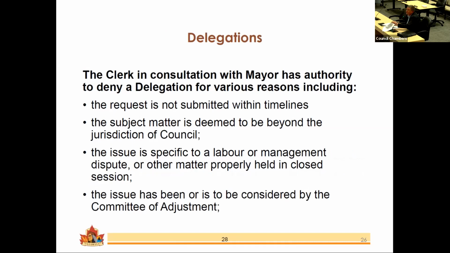Certainly, there are some reasons why a delegation may be denied. If it's outside the timelines, it may be a matter for which council doesn't have jurisdiction. It may be an ongoing labor or management issue. It may be a matter that's currently being dealt with or has been dealt with by the Committee of Adjustment.